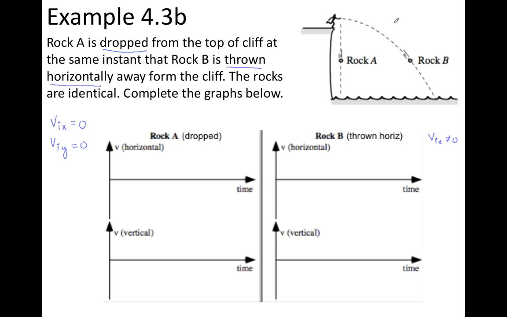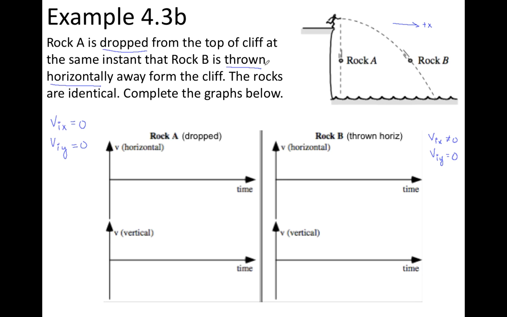And we're going to assume that the right is our positive x direction. For the y direction motion, it starts with zero velocity. That's because a horizontally thrown rock has zero y velocity. All of its velocity is in the x direction. None of it is in the y direction.